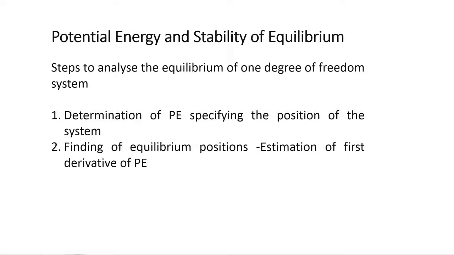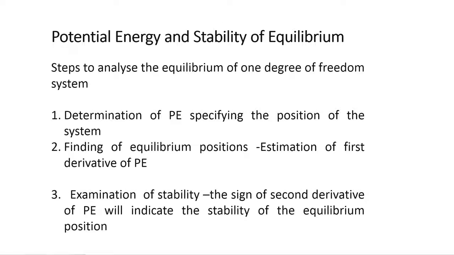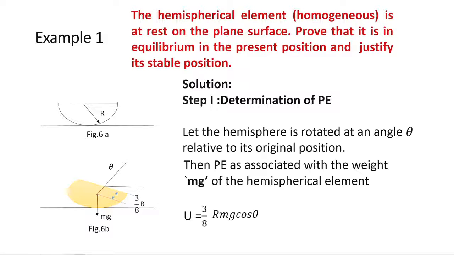Second, finding the equilibrium positions, that is, estimation of the first derivative of potential energy. Third is examination of stability, that is, the sign of the second derivative of U will indicate the stability of the equilibrium position.